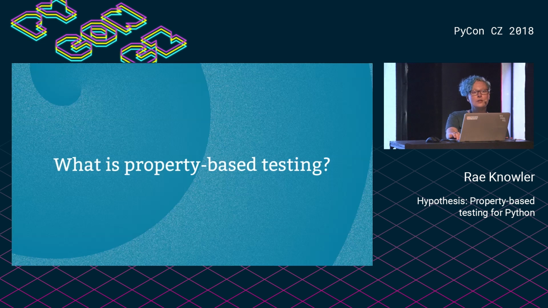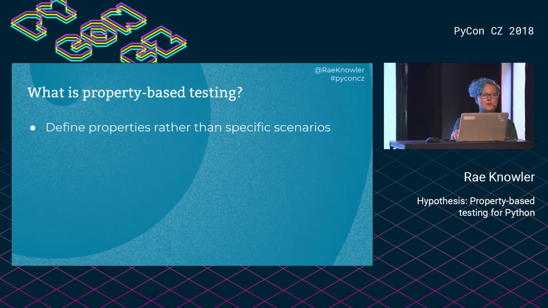Let's dive in. What is property-based testing? It's something of a buzzword at the moment. You have probably heard it. You probably are wondering, what is the property? What are we testing? Well, in short, property-based testing is a kind of software testing that goes like this.